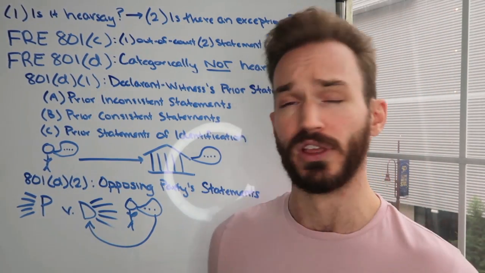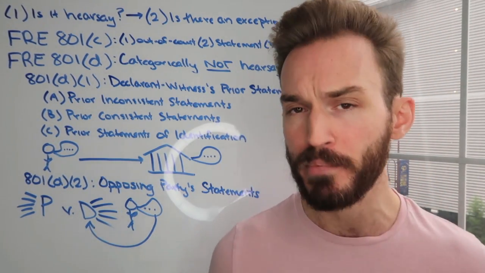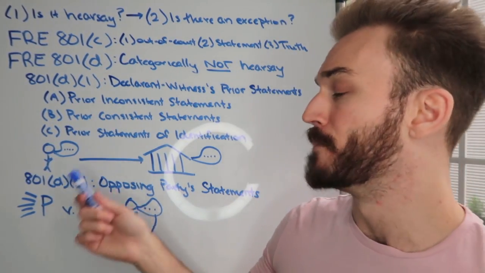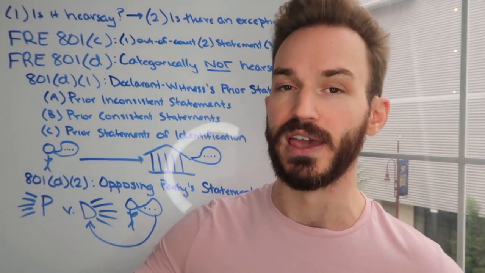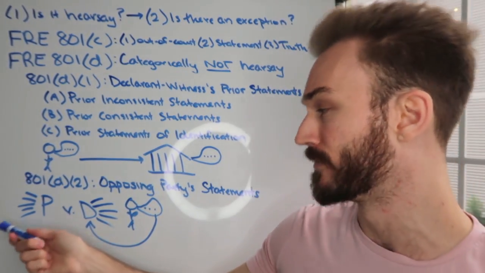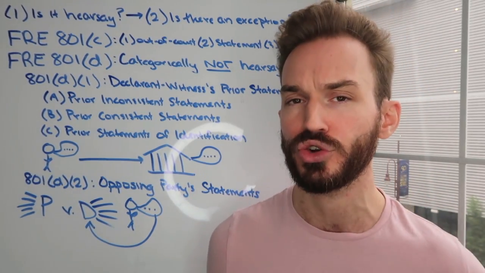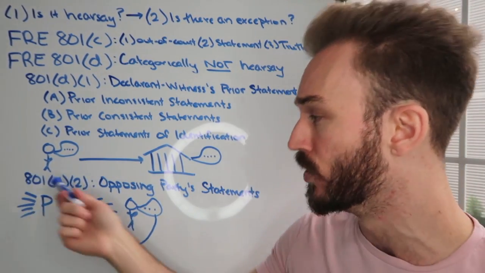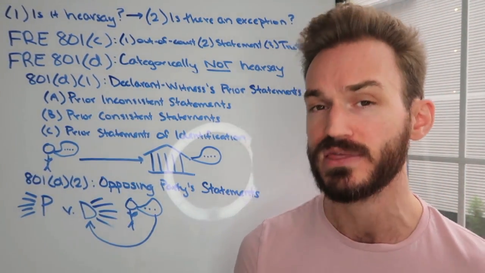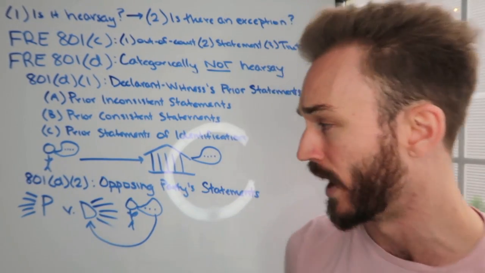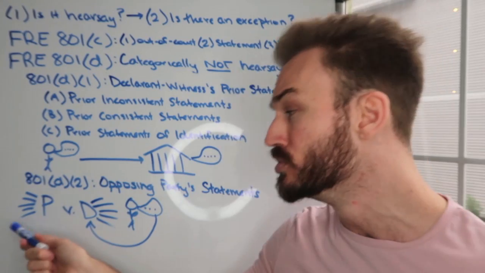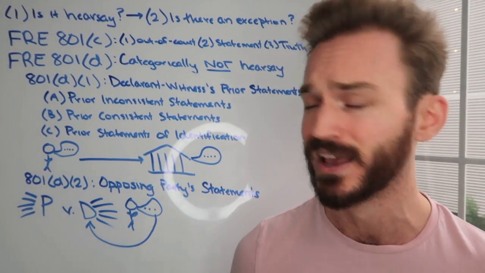Now, obviously, the one caveat to remember is just because a party makes a statement doesn't mean that he can introduce the statement, right? If the plaintiff has out-of-court statements, he can't introduce his own statements under 801(d)(2). It has to be the opposing party that the statements are being introduced against. It has to be the defendant using the plaintiff's statements against the plaintiff.